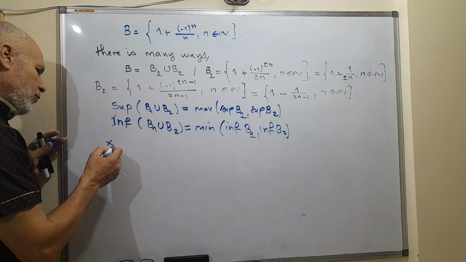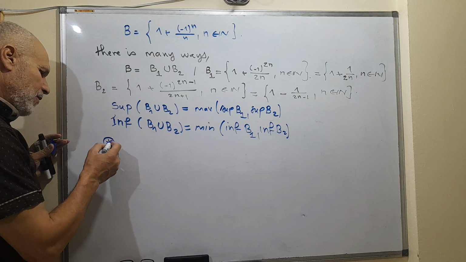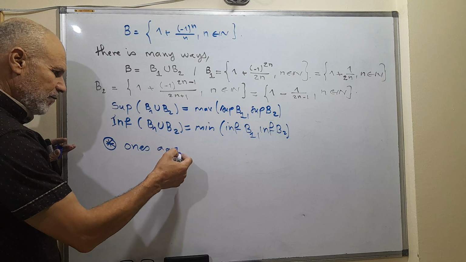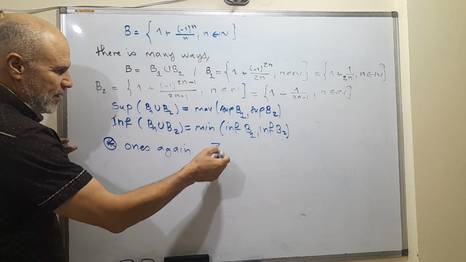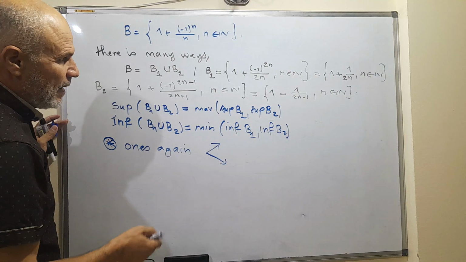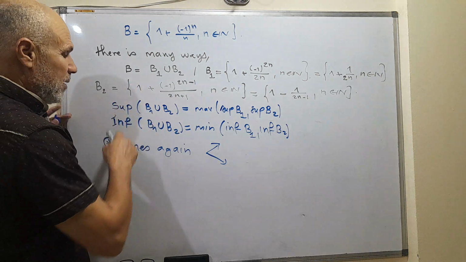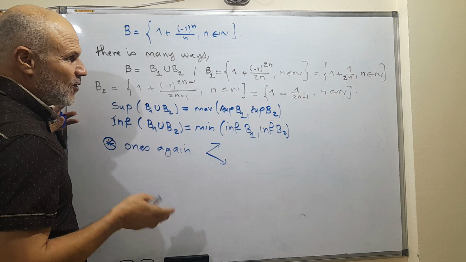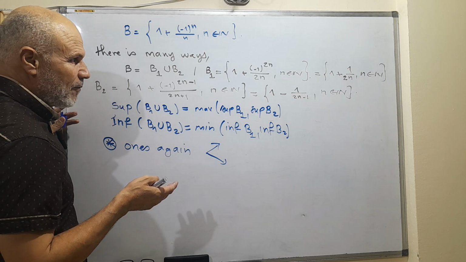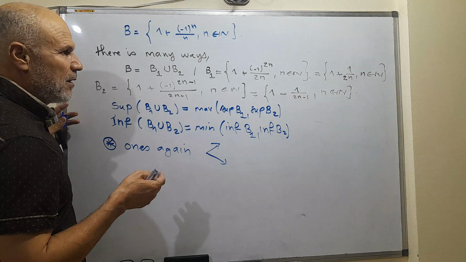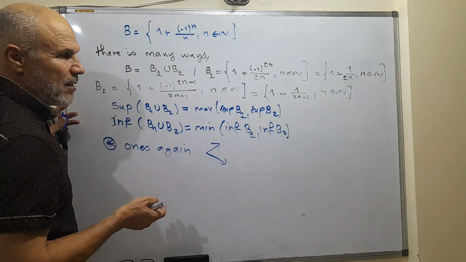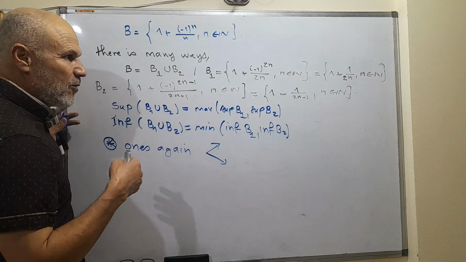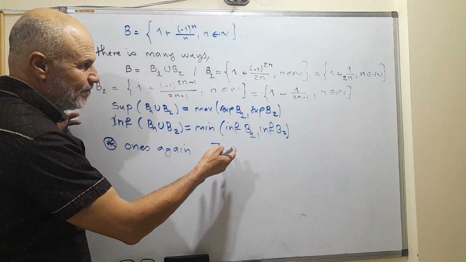Starting from here, we have two ways. Once again, we have two ways. Deal with B1 and B2 just as sets, for those who don't know about sequences, and for those who know sequences, they have another way.